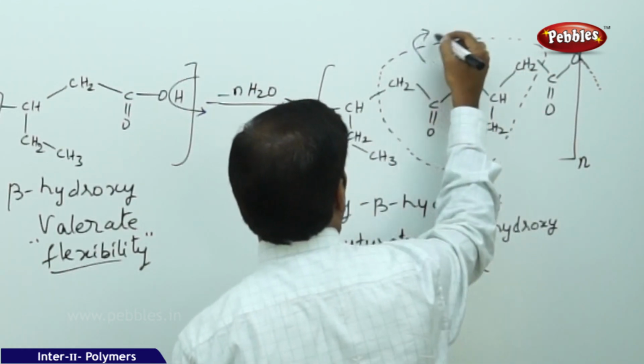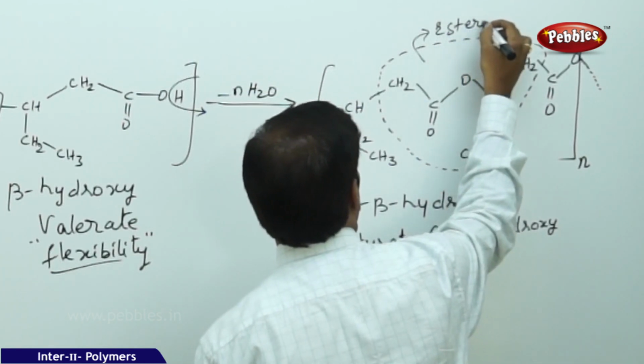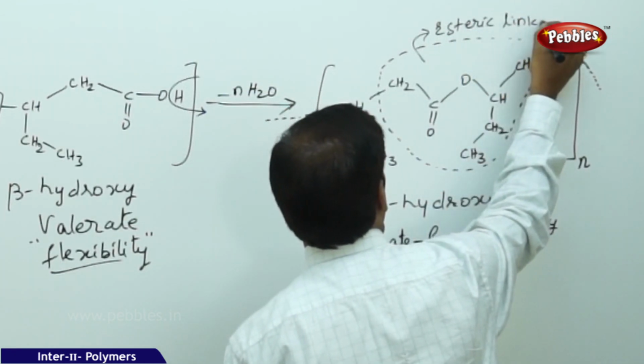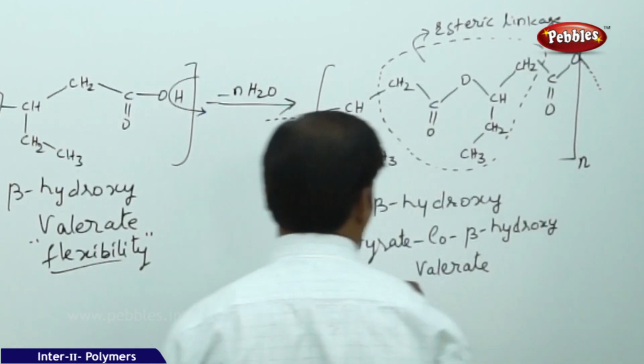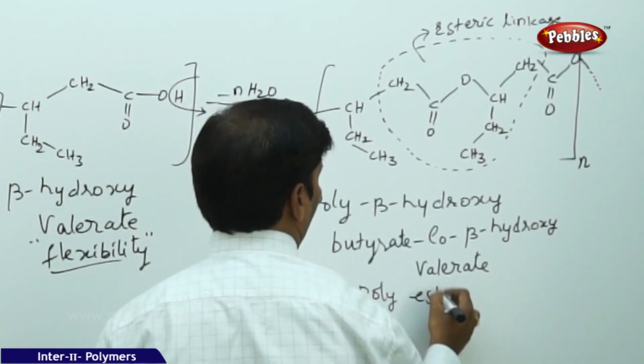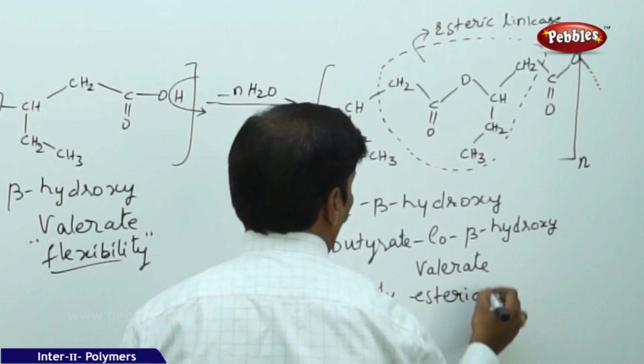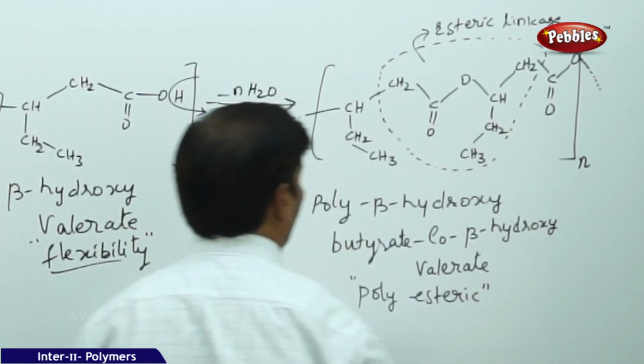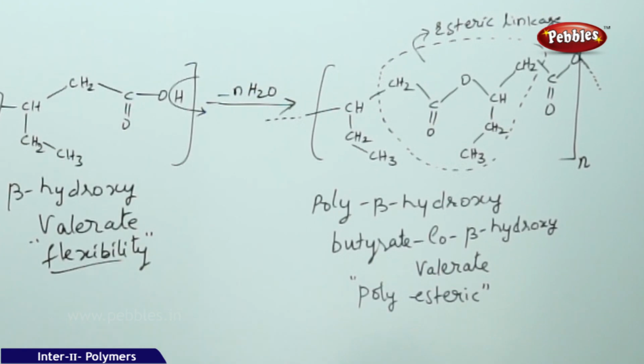This is esteric linkage, so we can just call them as polyesteric in nature. So this is one of the important aspects which you have to keep in your mind for the PBHV drug, biodegradable polymer.